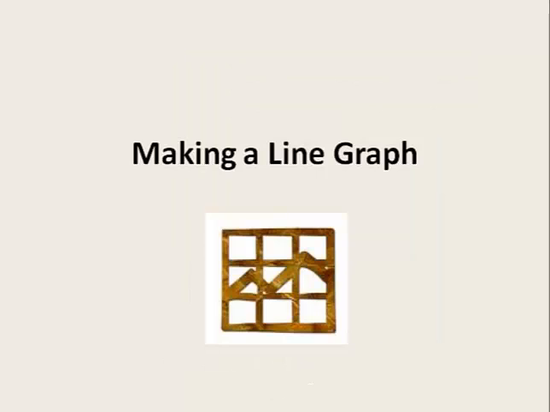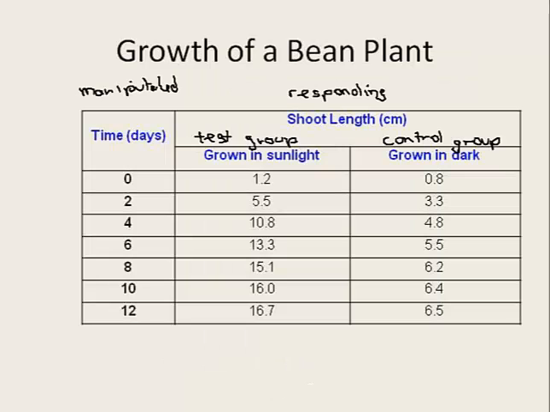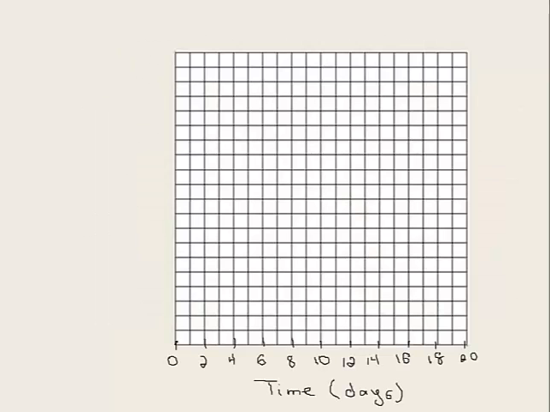Let's look at the data in order to figure out how to scale our y-axis. What we're looking at here is the minimum length, and you normally start with 0 unless otherwise indicated. We're looking for a maximum length. Maximum length is 16.7. So we need to get 0 to 16.7 on this scale.